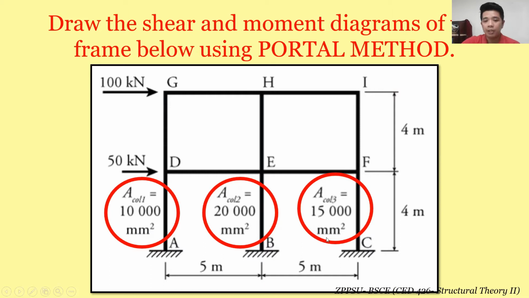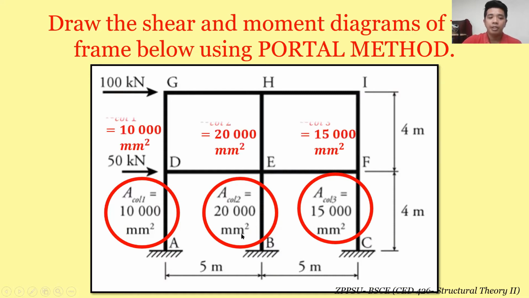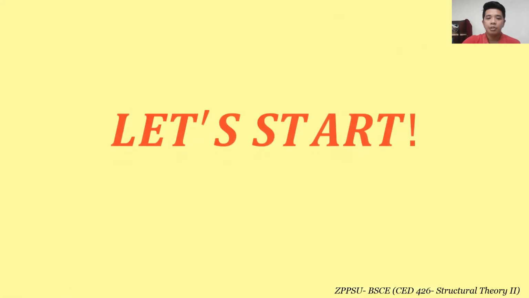The second exterior column with an area of 15,000 square millimeters, and our interior column with an area of 20,000 square millimeters. So, yung area ng baba is just same as area ng taas. So, let's start.